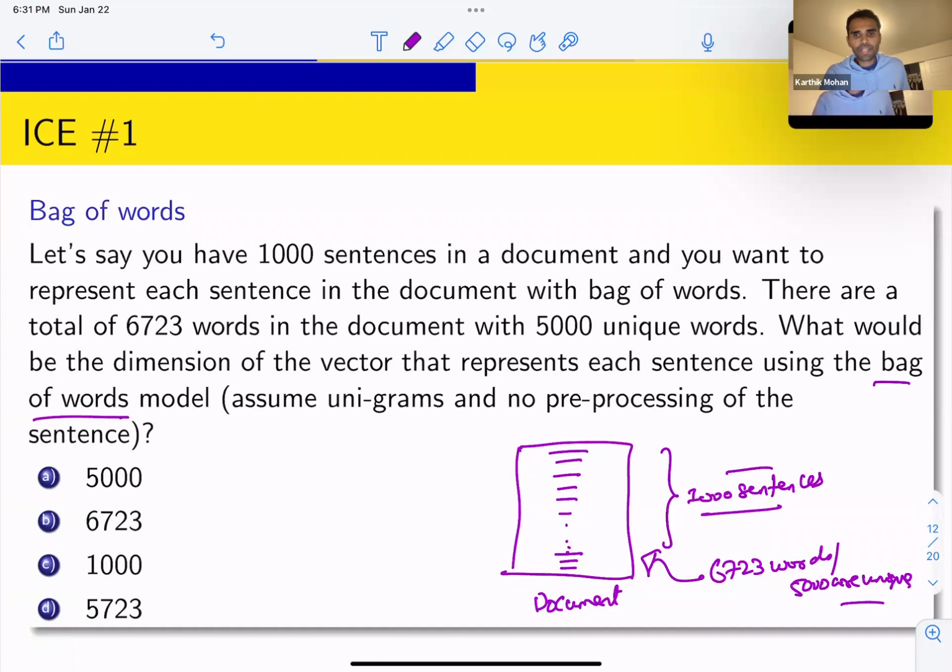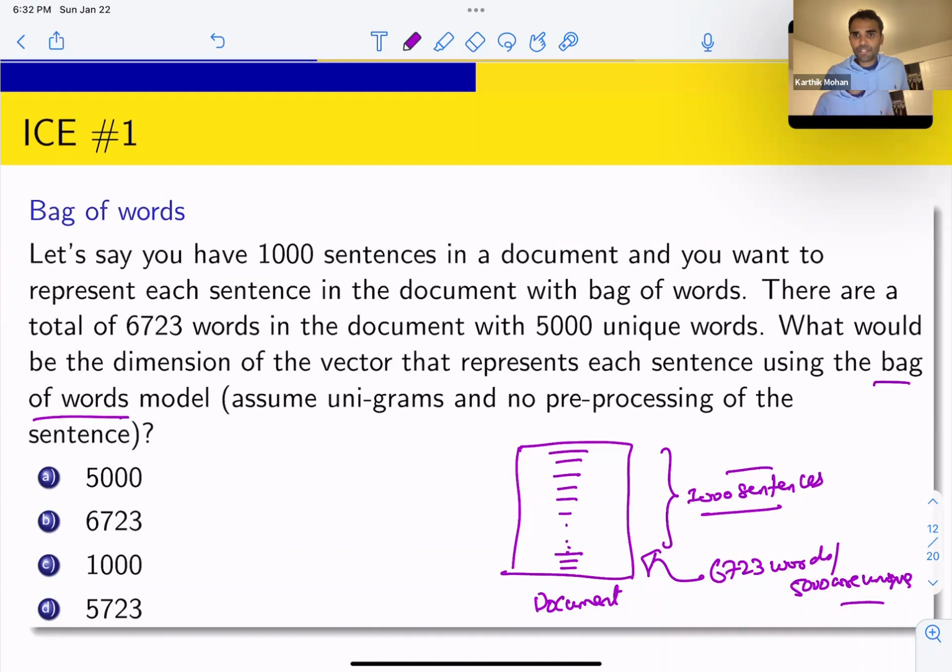So you're collecting a vocabulary from this document. You're designing a vocabulary from this document and using that vocabulary to represent every sentence in this document. What would be the dimension of the bag of words vector for each sentence? Okay, so maybe take a minute to think about this, process the information, and then think about your choice.